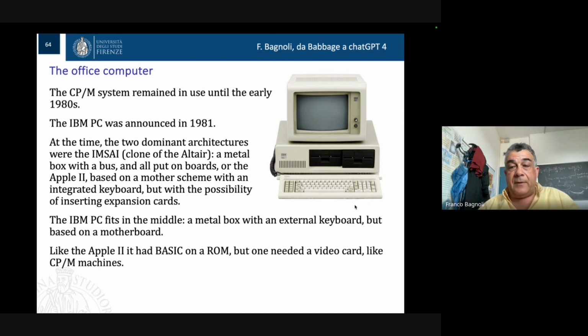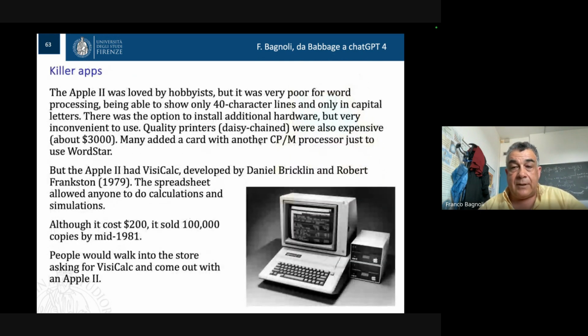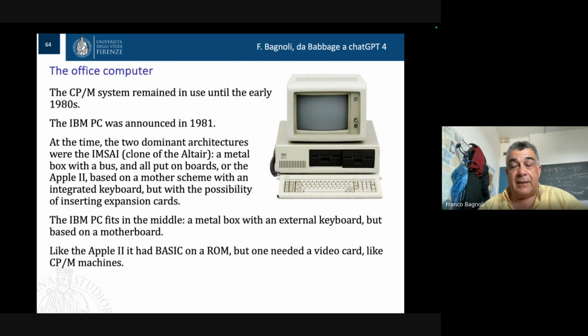And clearly the design is extremely more traditional with respect to that of the Apple II, which had the integrated keyboard, while here the keyboard is separated. Actually, IBM keyboards are still looked for in the market, because they are extremely robust.